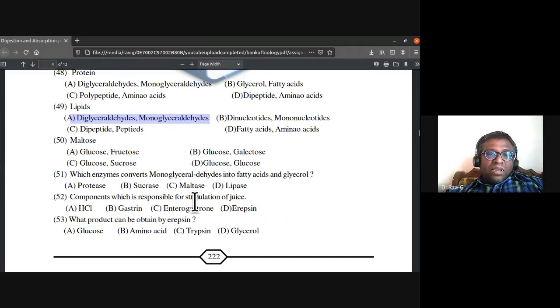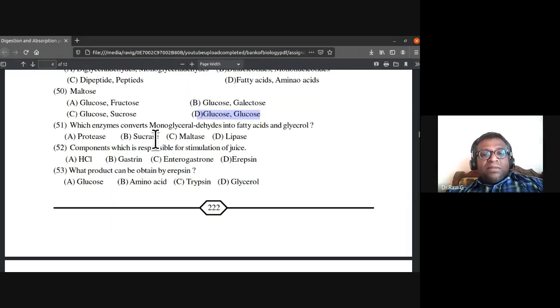Maltose is broken down into glucose and fructose, glucose and galactose, or glucose and sucrose, or glucose and glucose? What is maltose broken down into? So for 50, it is broken down into glucose and glucose. Which enzyme converts monoglycerides into fatty acids and glycerol?